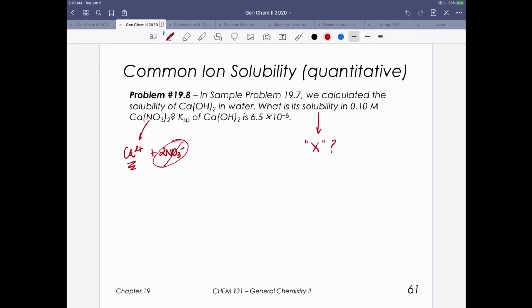So knowing those few pieces of information, see if you can work through this problem and get that x, or the solubility, is going to be equal to 4.0 times 10 to the minus third. So go ahead and pause the video and see if you can work through this modified version of sample problem 19.7 now when we've added a common ion.